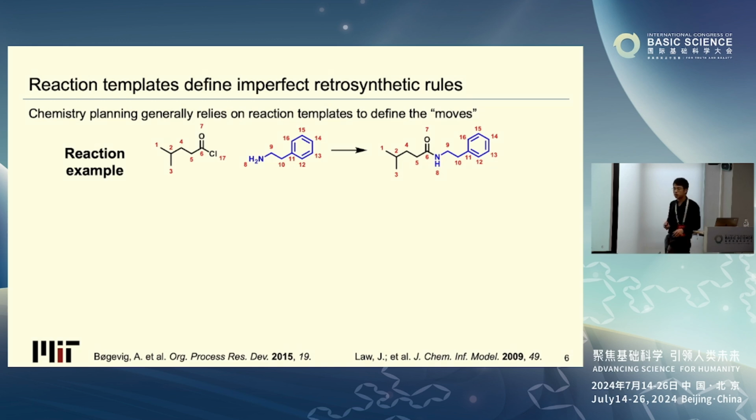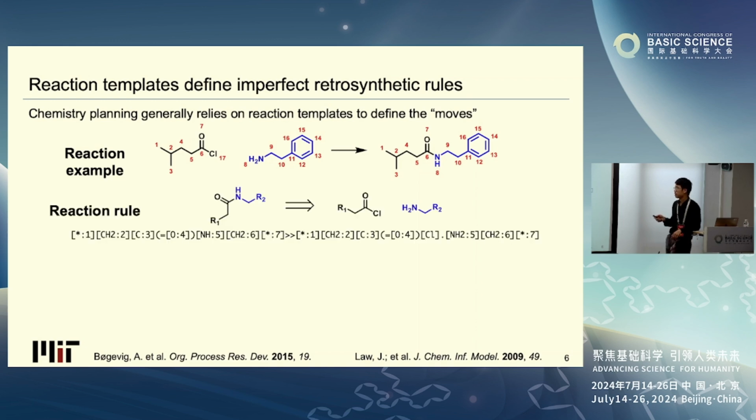So a reaction template is trying to keep track of what actually changed during this reaction, as well as some level of molecular context around the reaction center. So we can go from a specific reaction to a more general reaction rule that specifies what actually changed.